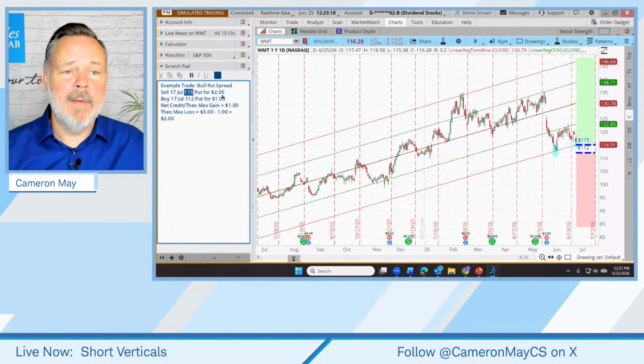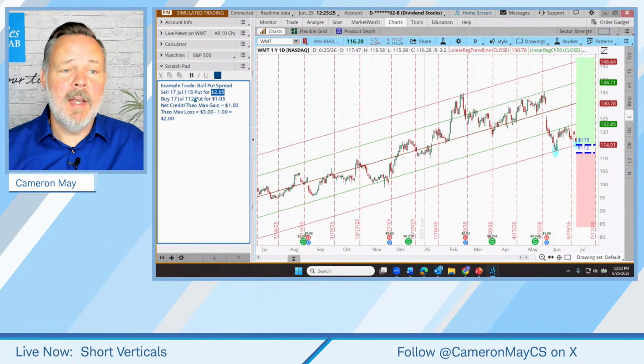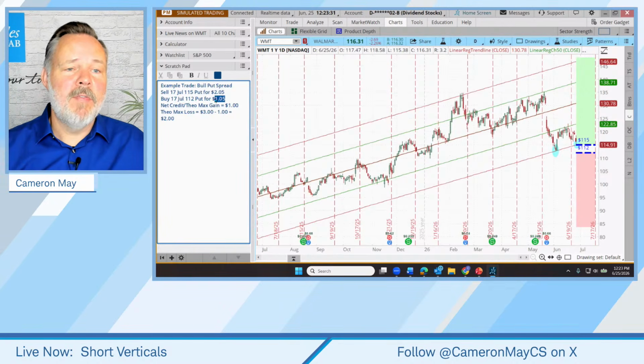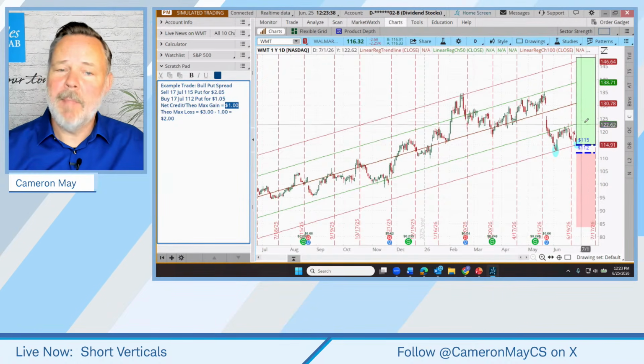They say, Cameron, I'm not selling you my shares for less than they're worth. So we keep the 2.05. We also don't wind up selling shares to anyone else for 112 because they're worth more than that. So the 1.05 that we spent for this put just expires worthless, and we realize our maximum gain. So we want to be up here.